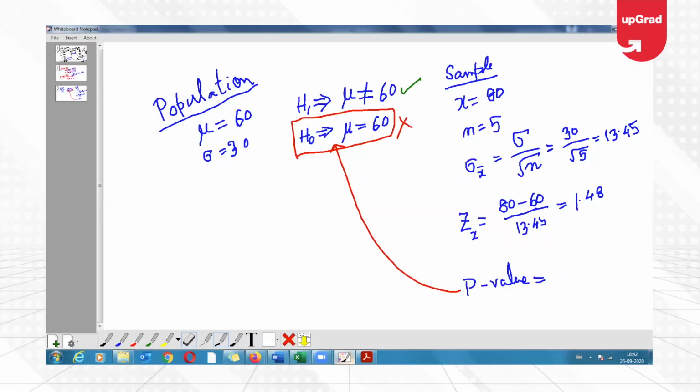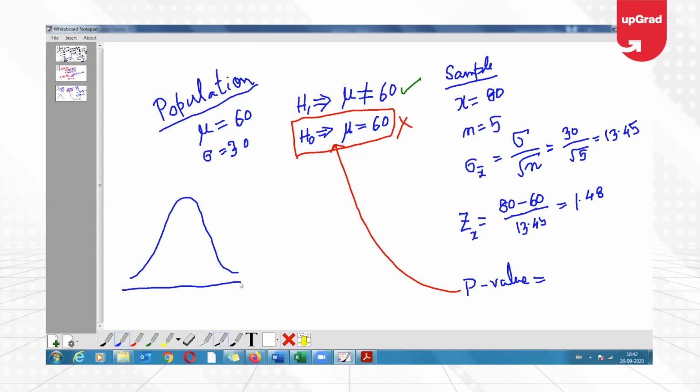So let's first draw the diagram. This is my mu, which is 60. This is 80. And this part is my rejection region.